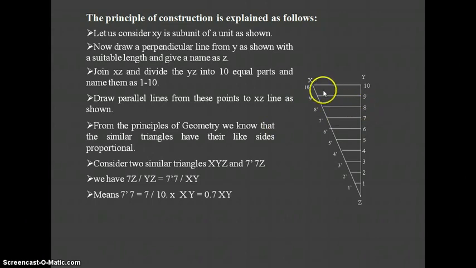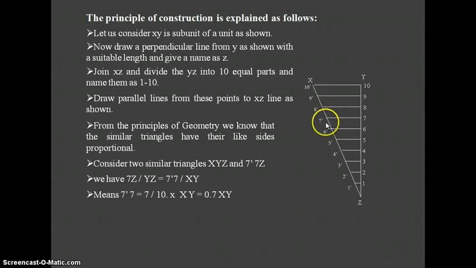That means the distance 7'7 is the seventh division of XY. Generally, for this division we need to divide it into 10 equal parts, so then only we can represent the first decimal point. So in that case we have drawn parallel lines.